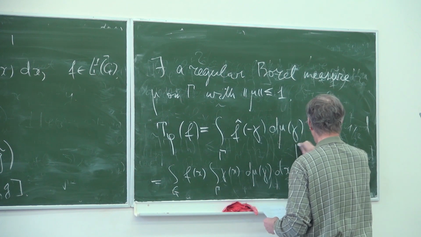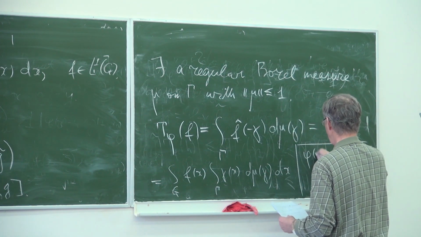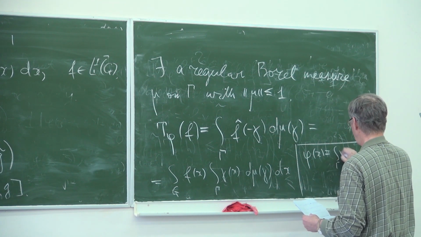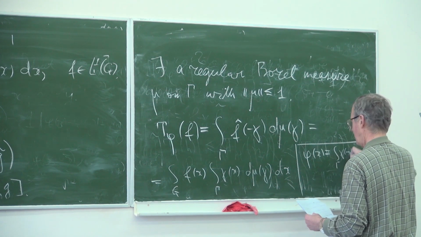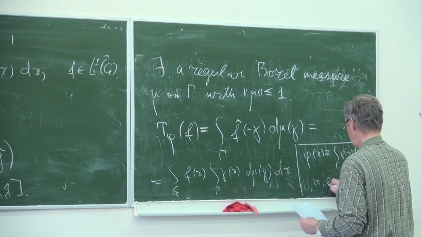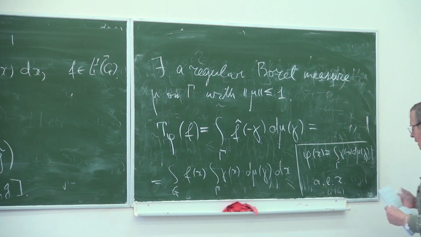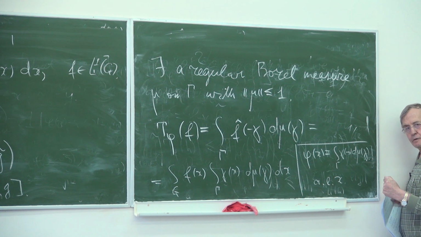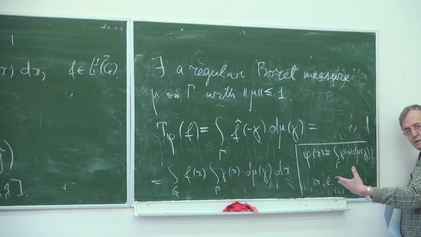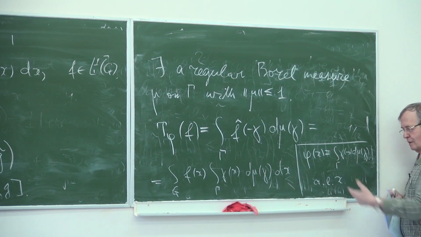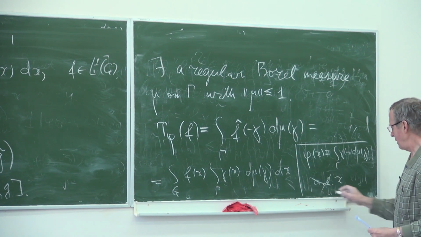So the consequence is that phi of x is equal to the integral over gamma of little gamma of x d mu of gamma for almost every x. But the two functions are continuous, so in fact this is equality everywhere, for every x.